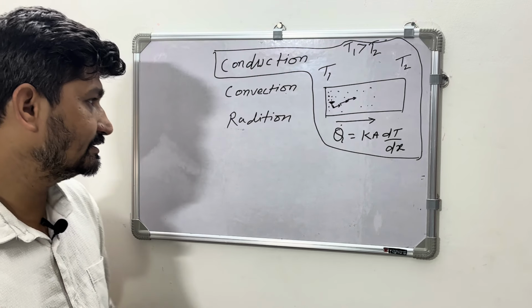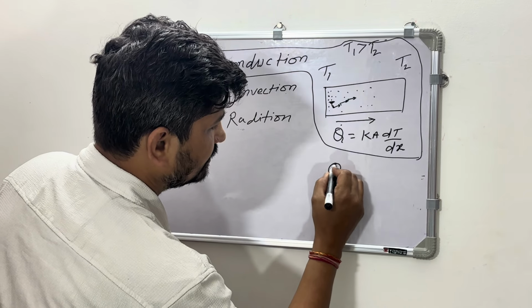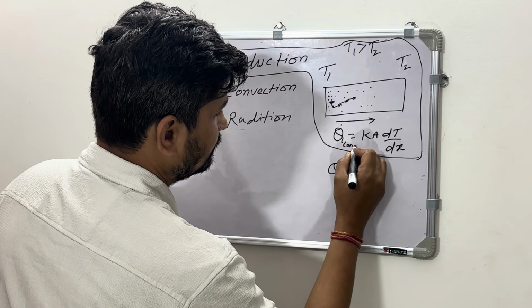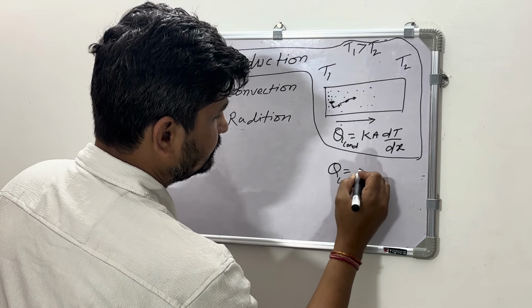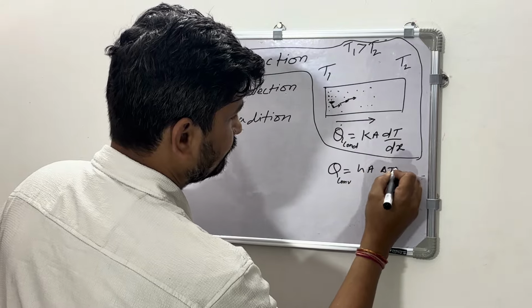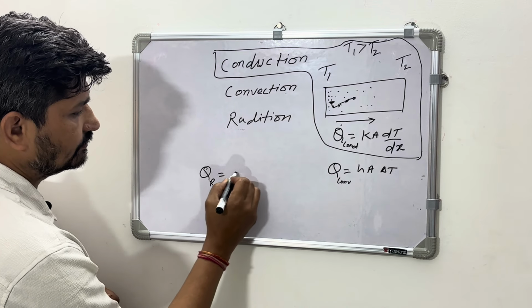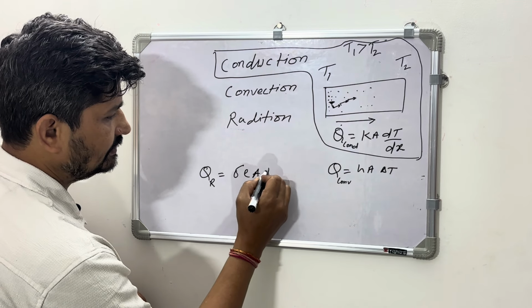So the heat dissipation, this is conduction, this is convection, and for radiation, Q_R is equal to σ E A T raised to power 4.